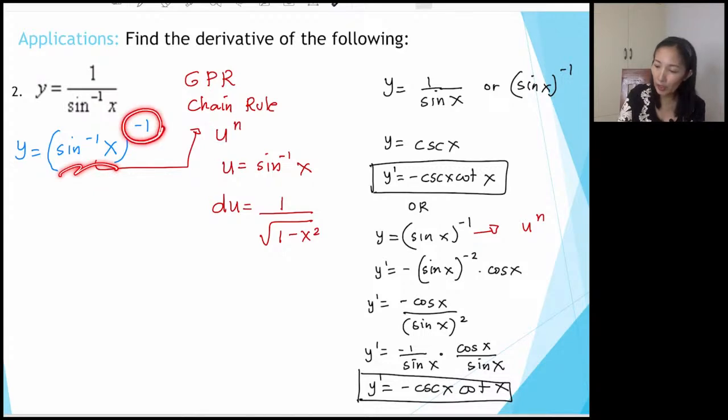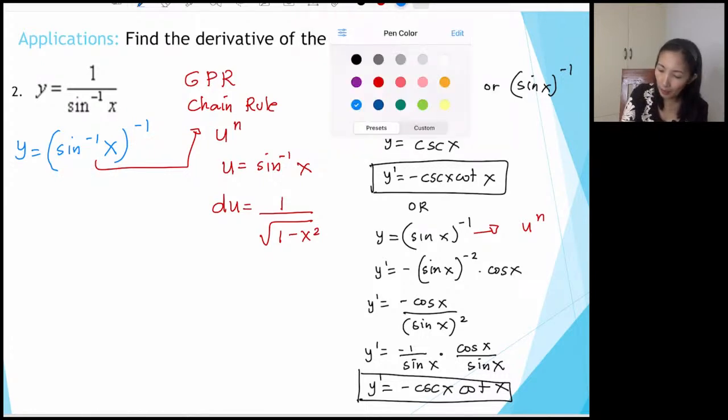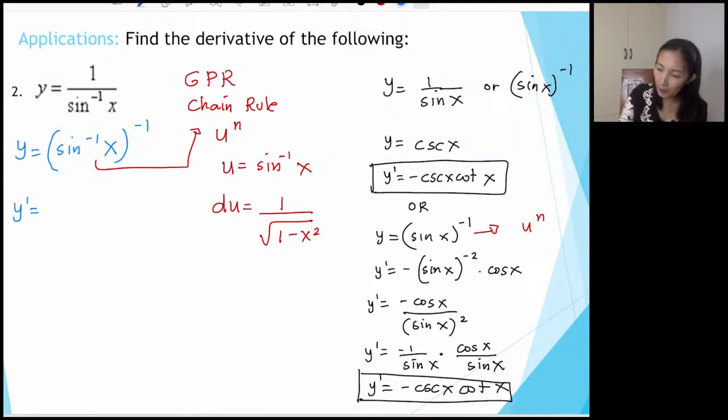So, applying the generalized power rule, y prime is equal to negative 1 times u, which is arc sine of x, raised to exponent minus 2, times the derivative of u, which is 1 all over the square root of 1 minus x squared.